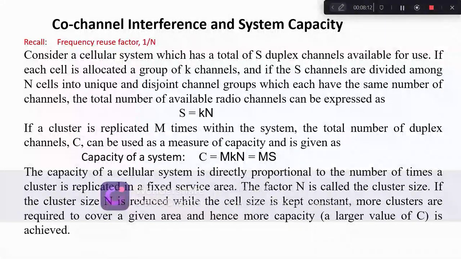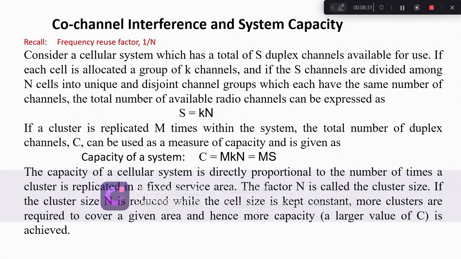So in sector 1, subsector 1, subsector 2, subsector 3 and subsector 4 clusters are repeatedly using the same bandwidth. The factor N is called the cluster size.